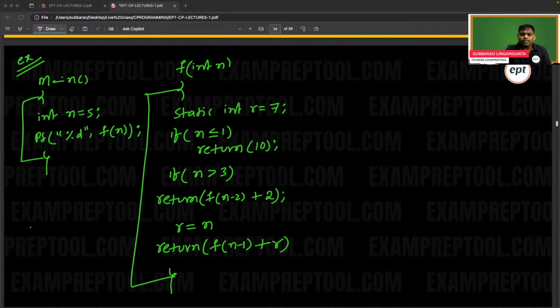Can you give the answer? What is the answer for this?